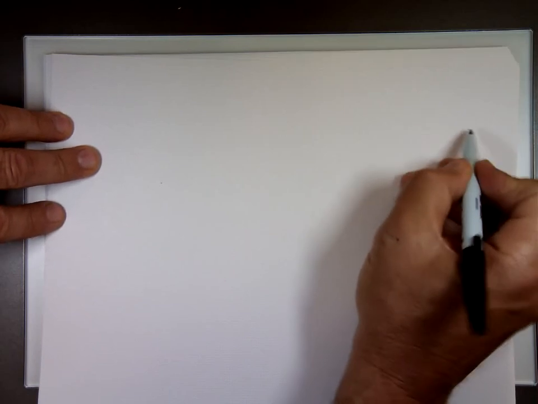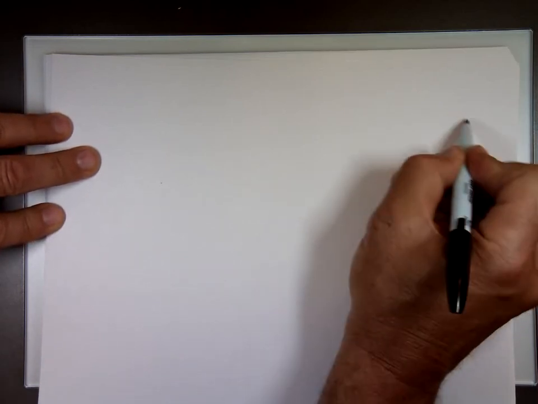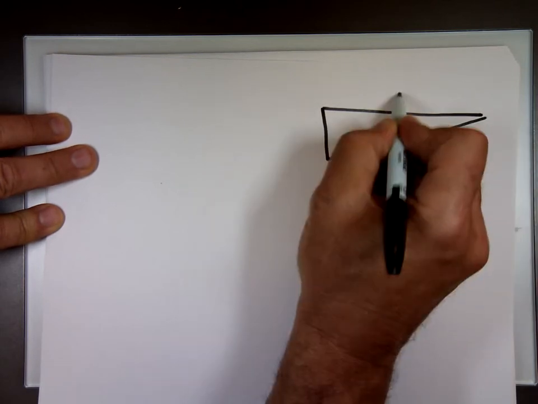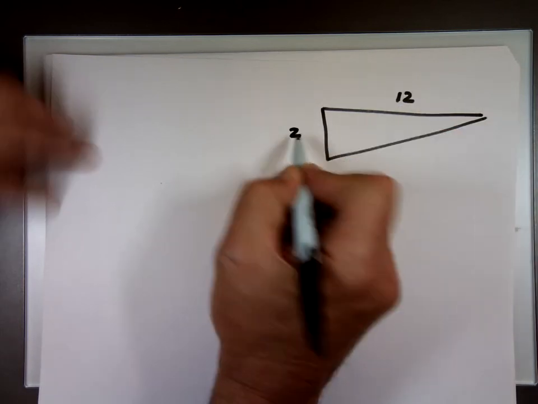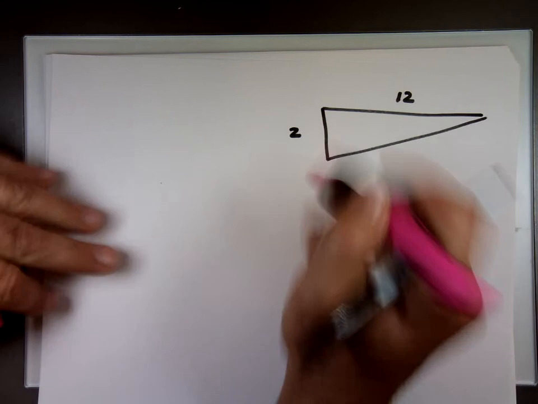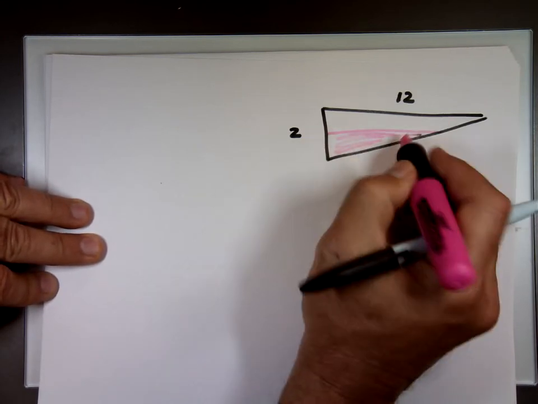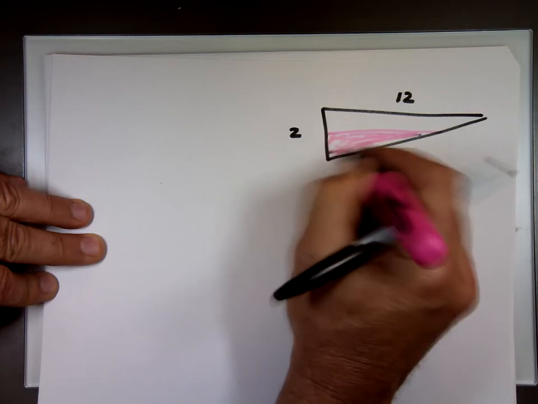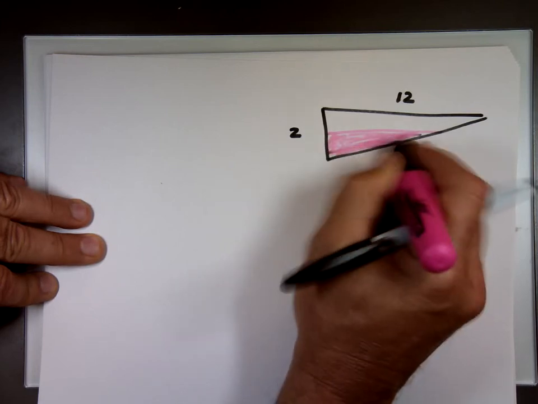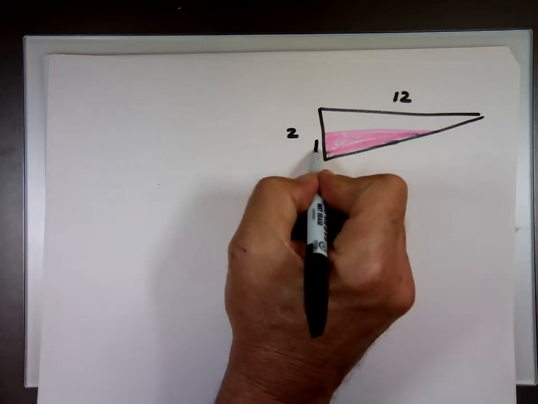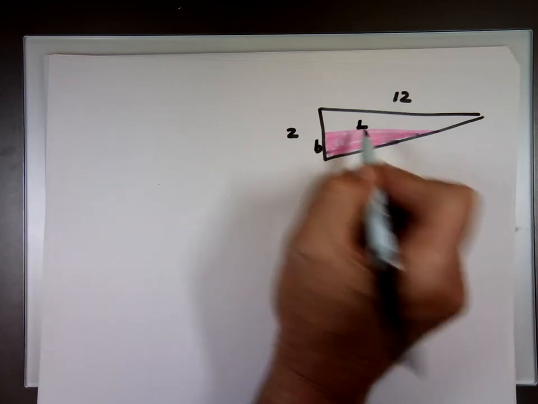Looking at that time, we're still in a triangle shape. This is 12, this is 2, and the water is being poured in. Let's call this the base of the water, and that's the length. We need a ratio between them.